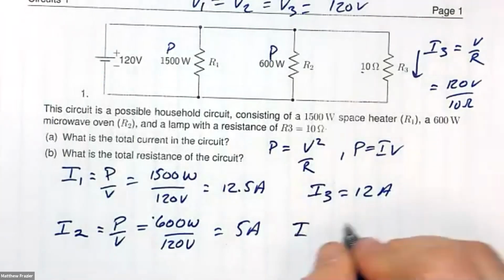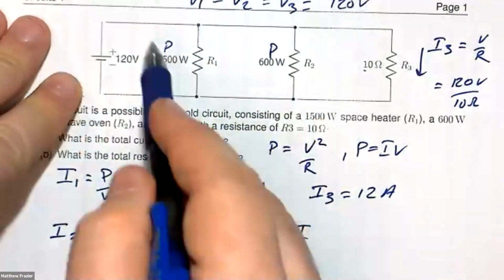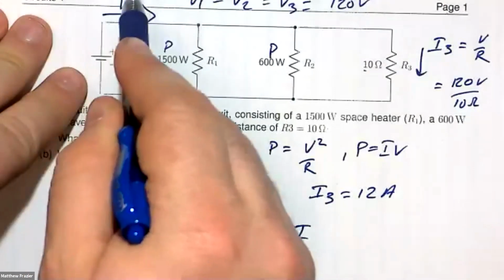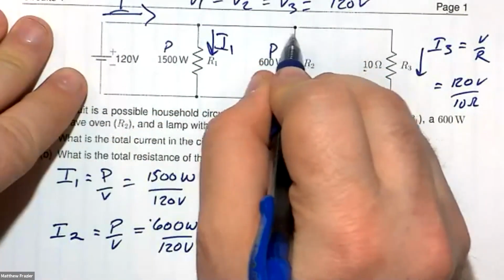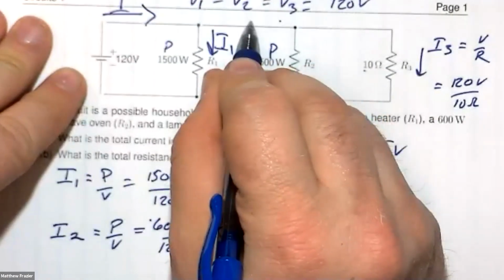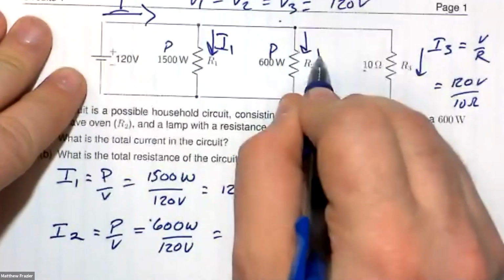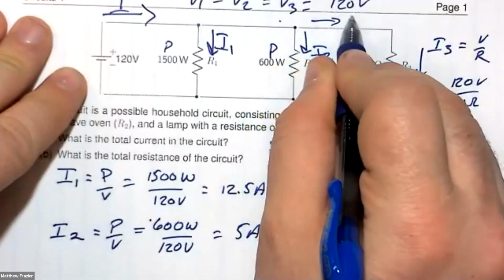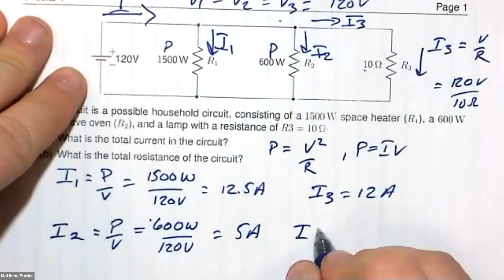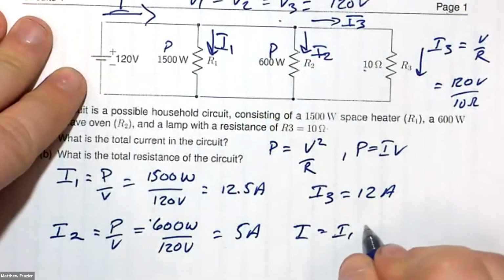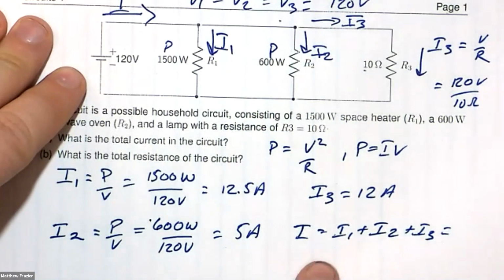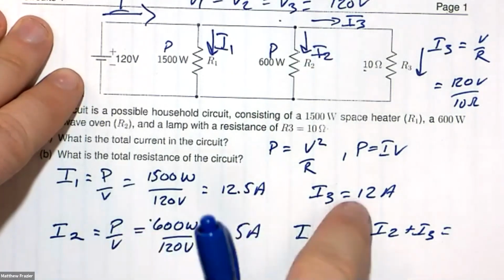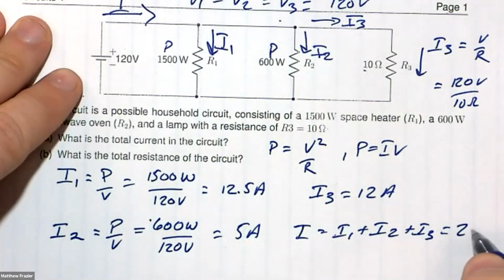In the circuit, you have I here, and then I1 goes this way, and the rest splits here into I2 and I3. So I is just I1 plus I2 plus I3. We do 12 and a half, 24 and a half, 29.5 amps.